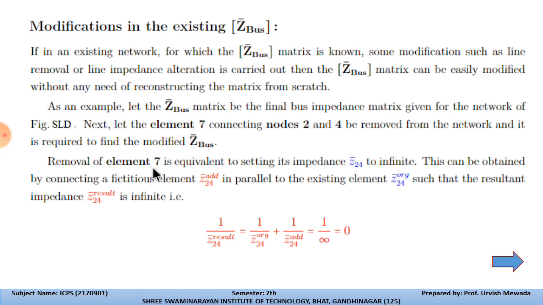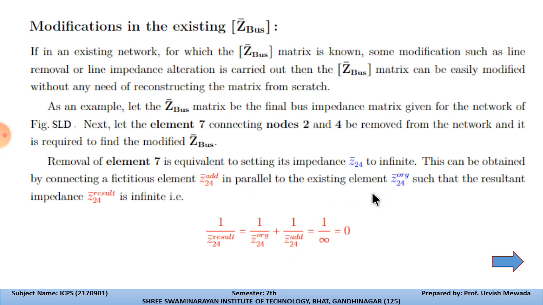Removal of element number 7 is equivalent to setting its impedance Z24, which we already know from the previous case, to infinite. This formula indicates that removal of the link becomes infinite impedance. This can be obtained by connecting a fictitious element, Z24 additional, in parallel. That's why it is 1 upon Z24 original plus 1 upon Z24 additional.